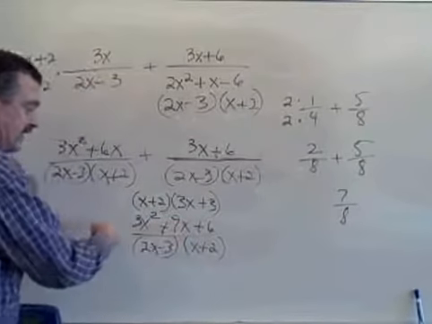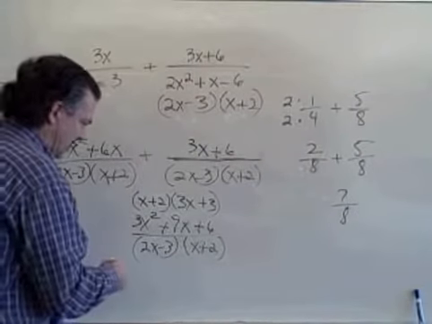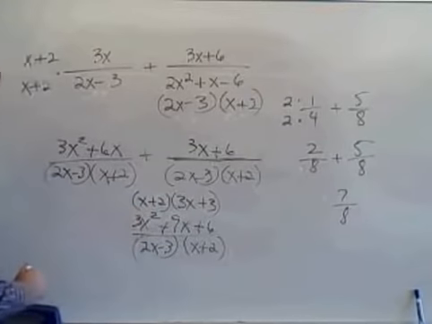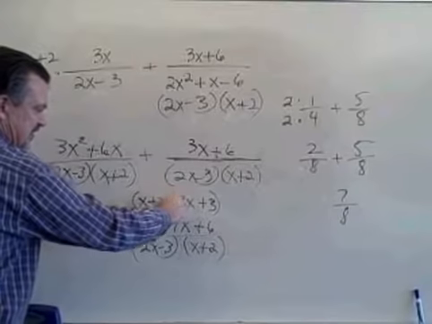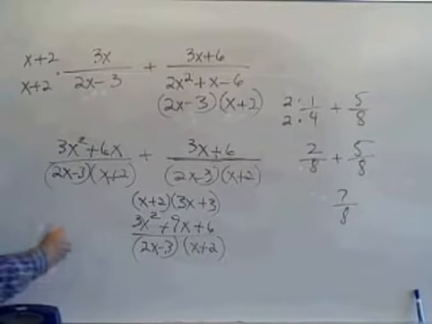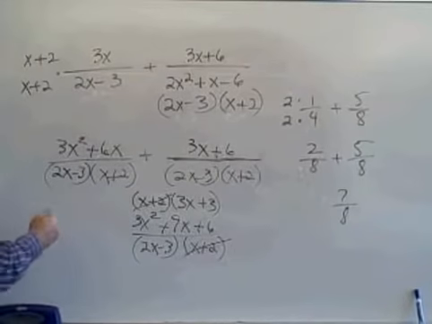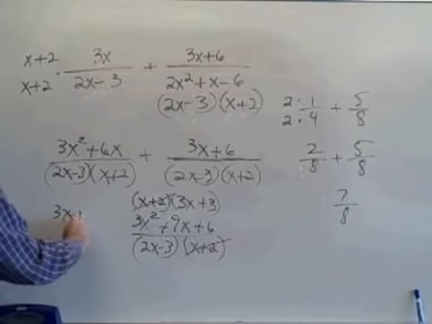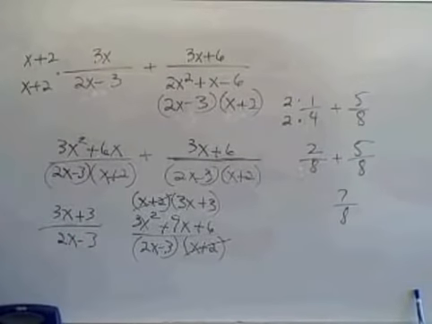And actually, I could have factored out a common factor of 3, which I probably should have done to make my factoring easier, but I think this will work for us. X times 3x is 3x squared. This is plus 3x plus 6x more, which is plus 9x. And sure enough, the x plus 2's cancel, and my final answer is 3x plus 3 over 2x minus 3.